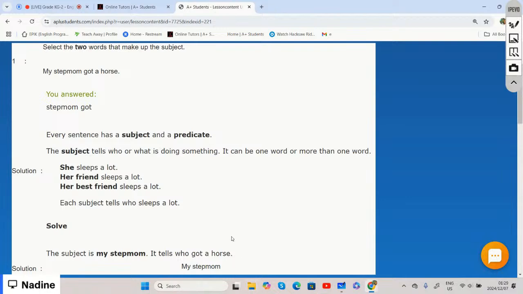Remember, the subject is either the person or a thing that does the action. So a subject is a person and the predicate is the action, or the verb.